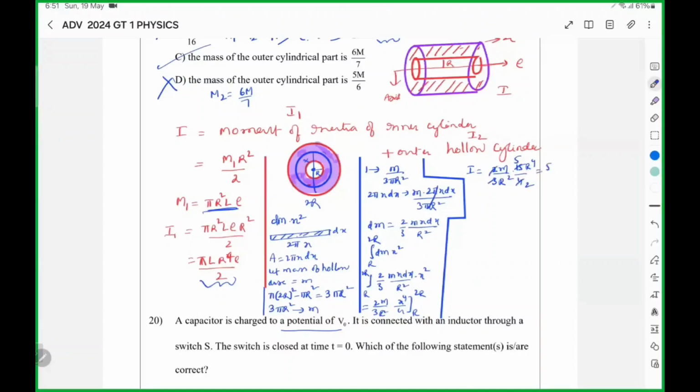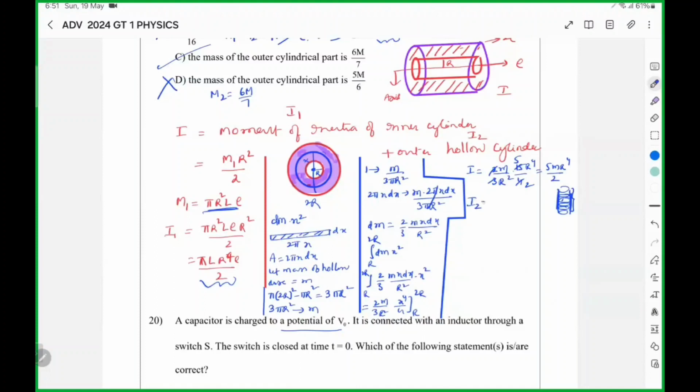What we get is 5M r power 4 by 2. So this is for an elementary disk, hollow disk. Like this, if you consider mini disks, adding all the disks' mass, you get moment of inertia of entire hollow cylinder.